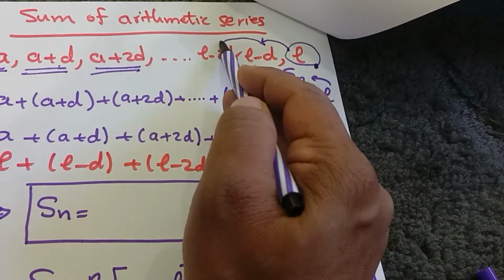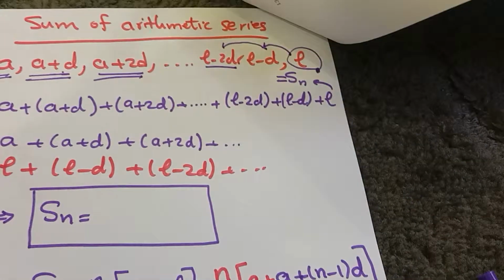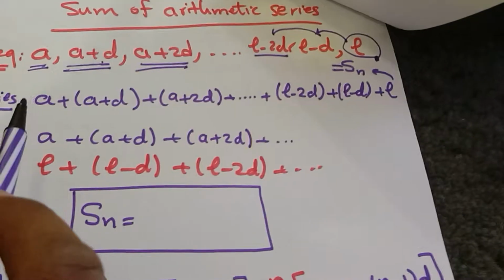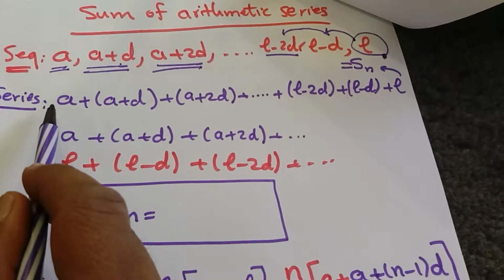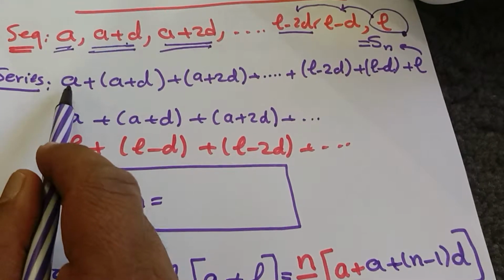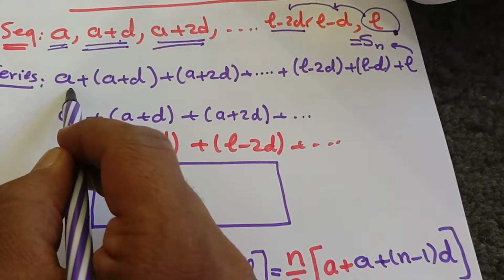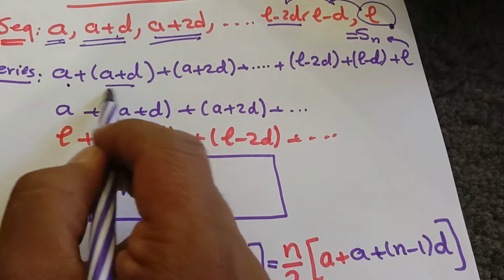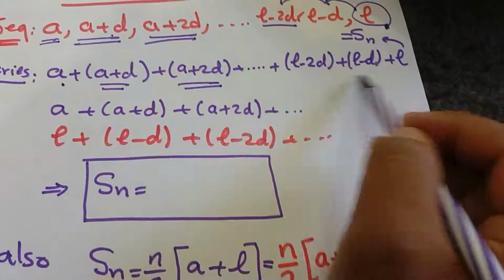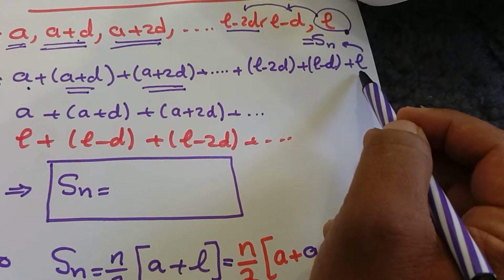Then I subtract another d, so that's the last term minus 2d. What is a series? At this moment, you just need to add all the terms together. So this is a, the first term, plus the second term, plus the third term, plus, until the last term here.